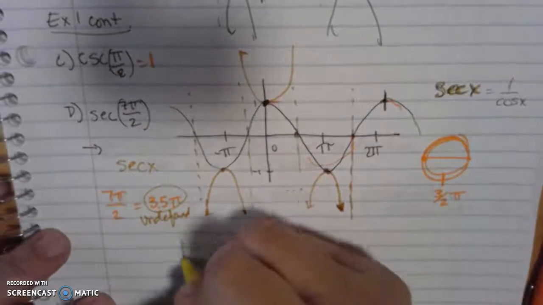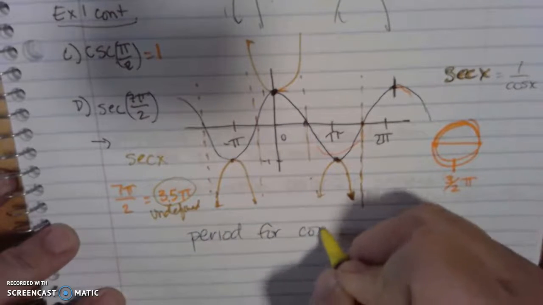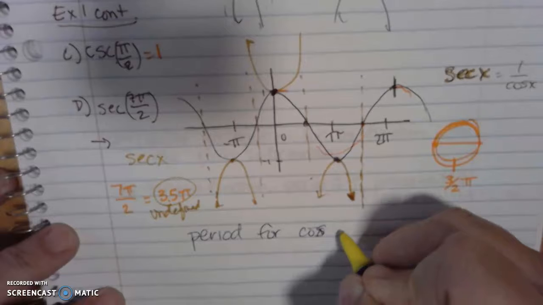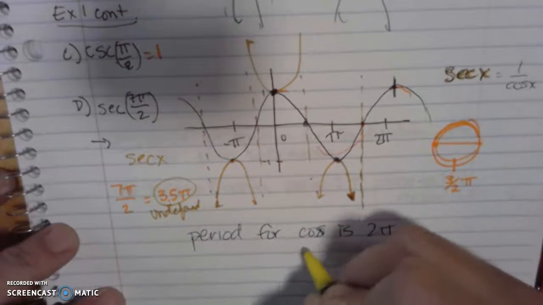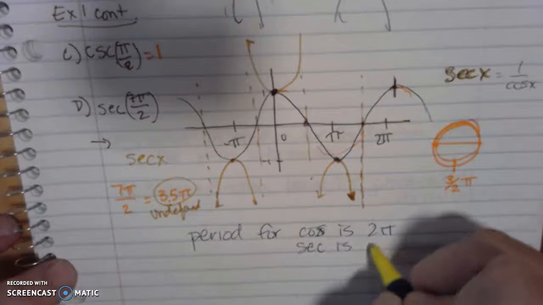So the period for cosine is 2 pi, and same for secant. Secant is 2 pi.